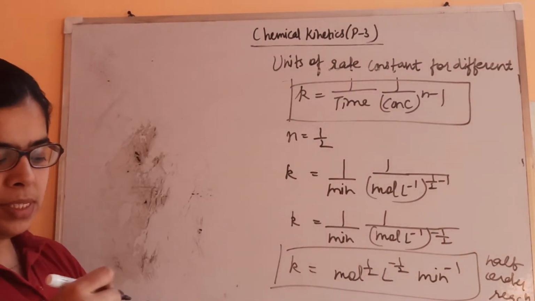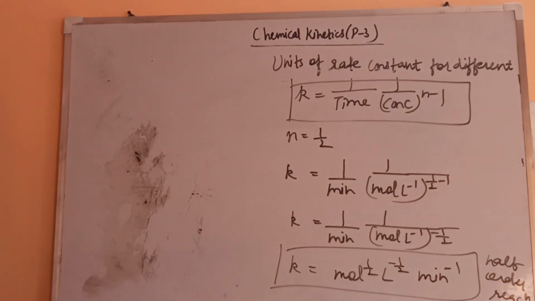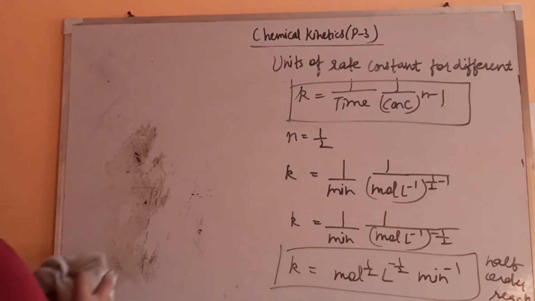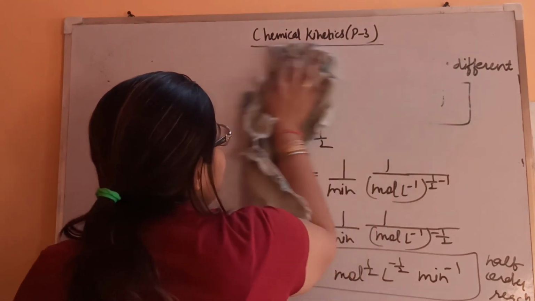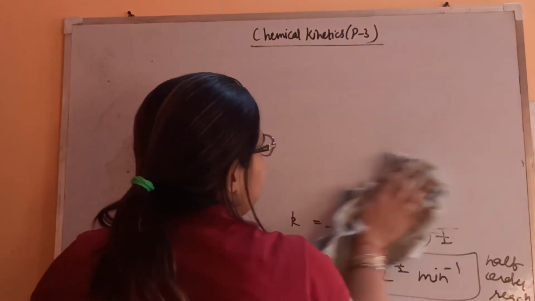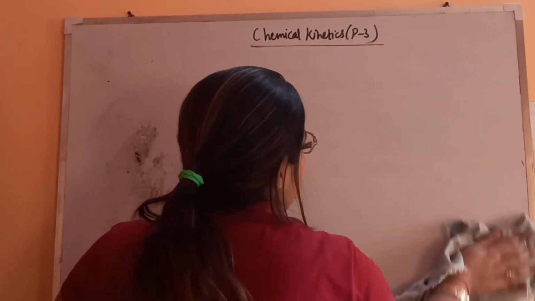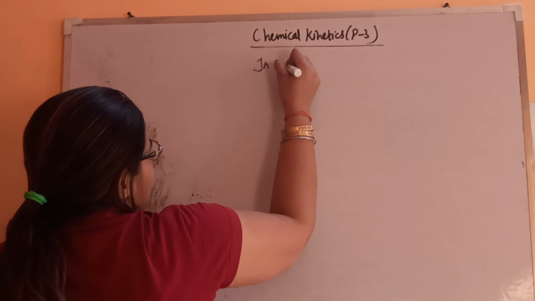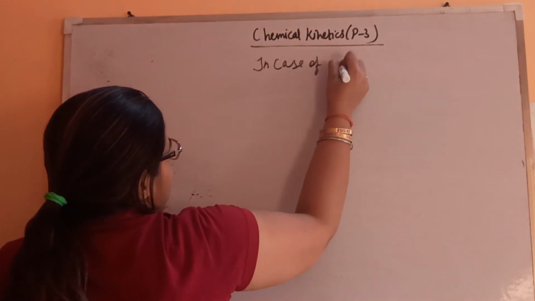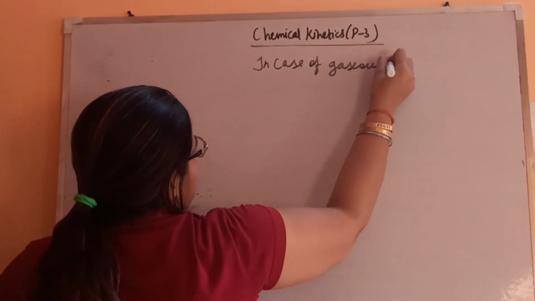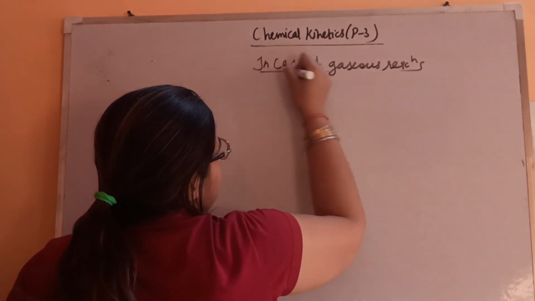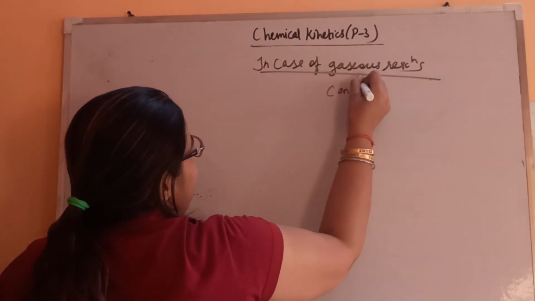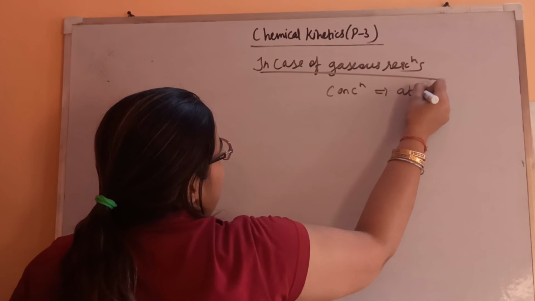Fine. Now, we are talking about the reactions which are taking place in case of liquid solution and all. For example, if the reactants are gaseous, then what are the units? Accordingly you will be taking, so units will get changed. In case of gaseous reactions, concentration will be expressed as atmosphere now.